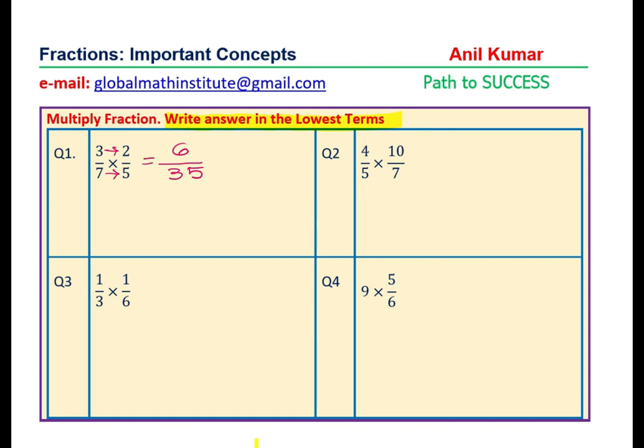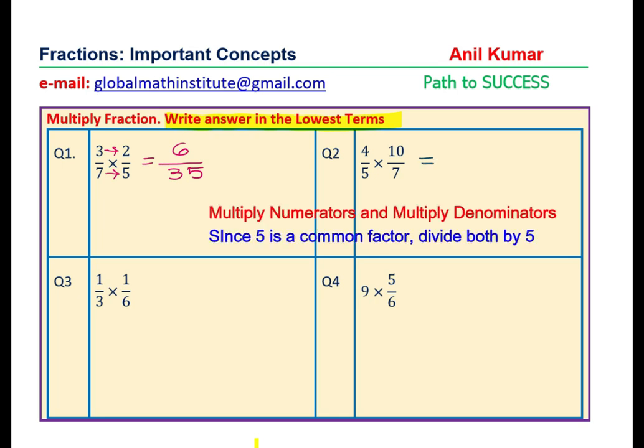Now, in the next example, which is question number 2, we need to multiply 4 divided by 5 with 10 divided by 7. One way to do it is direct, that is, 4 times 10, as you know, is 40, and 5 times 7 is 35.